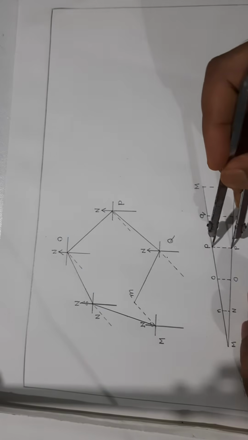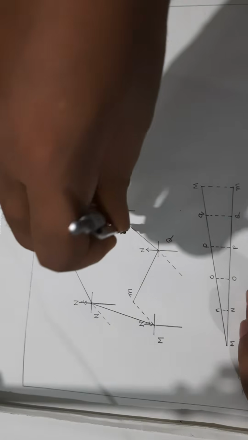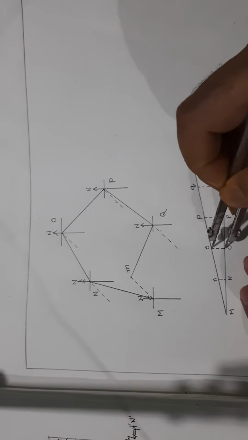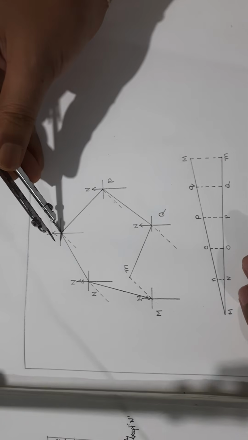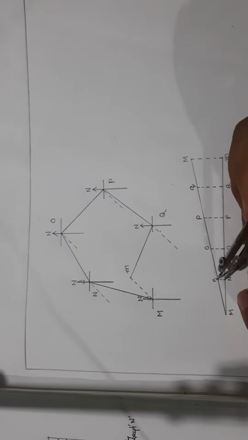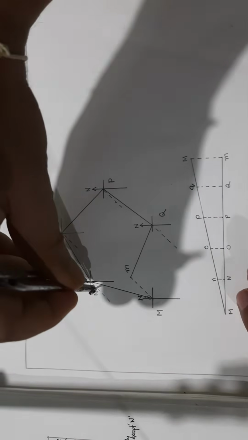Here you can see this is for P, this is for O, and this is for N, very small, this is for N.